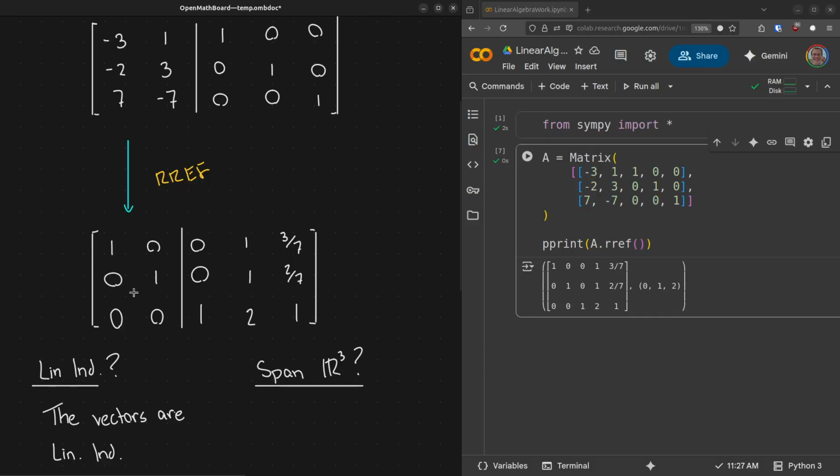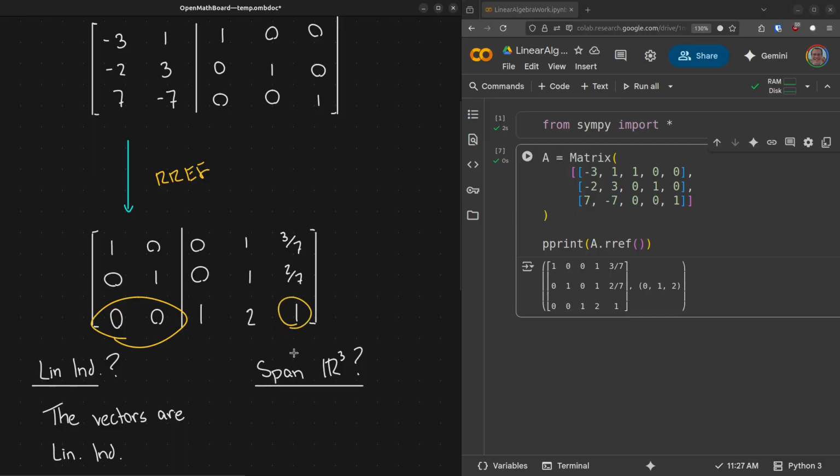Okay, so if we look at our equations, in the last row here, I start with 0, 0, and then over here, I get a 1. That means no solution, right? In other words, I can't solve for this vector. I can't take a linear combination of these two vectors and get vector 1, 0, 0. I cannot get vector i. And actually the same is true for j and k too.